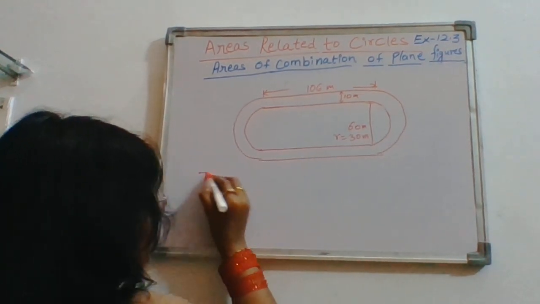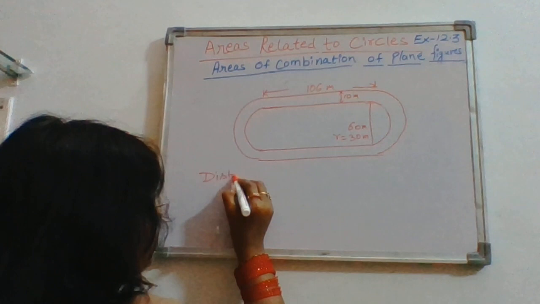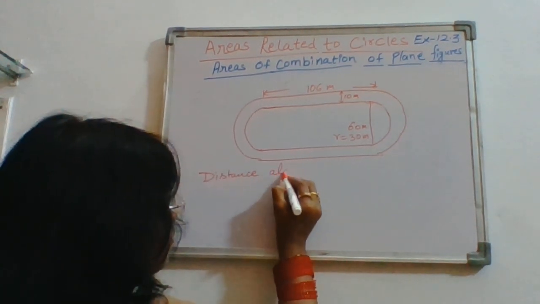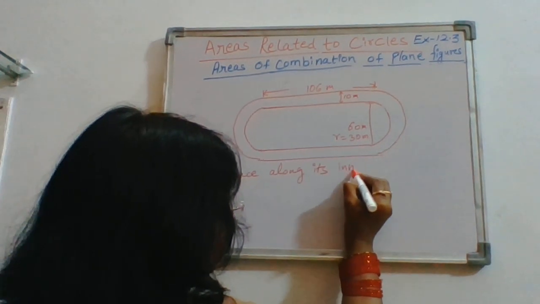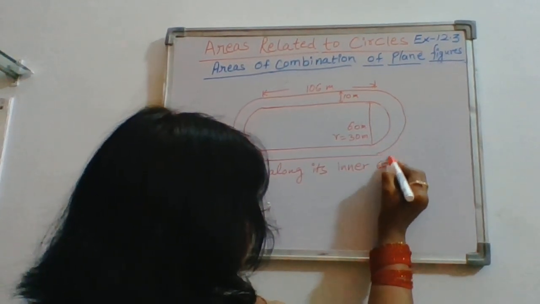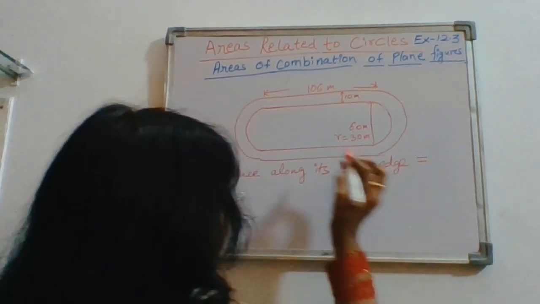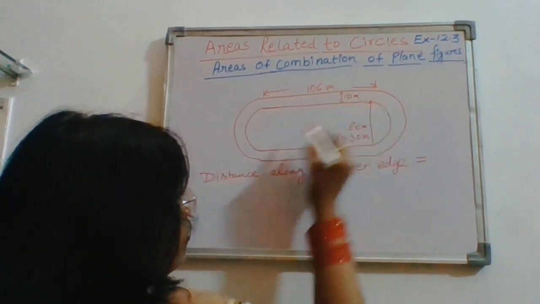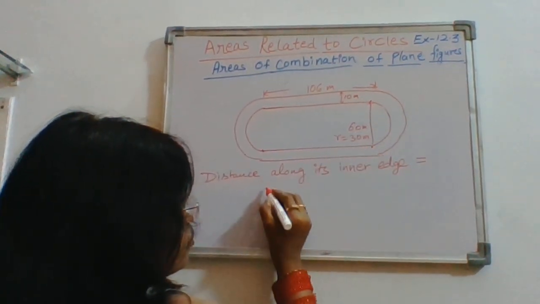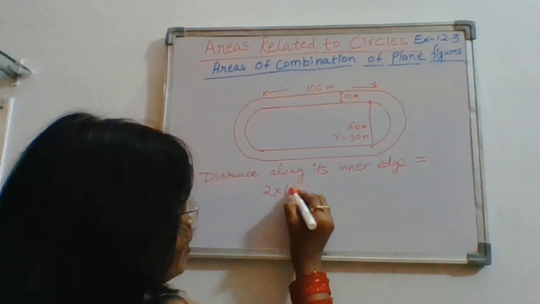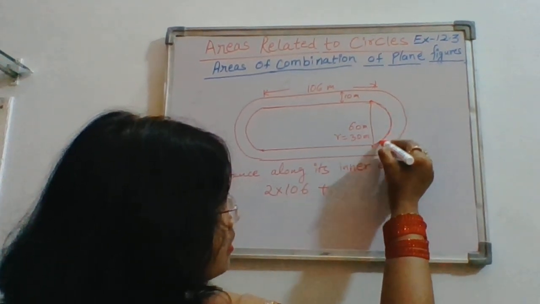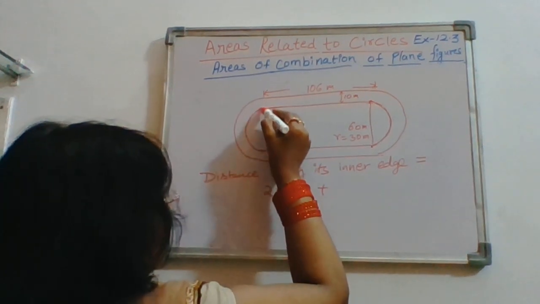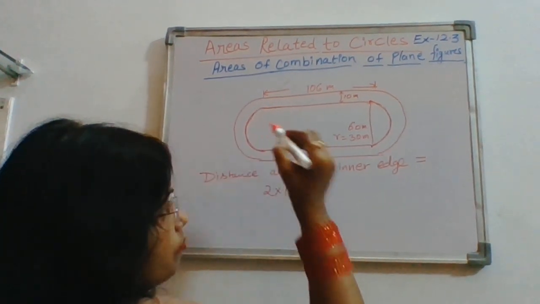Distance along its inner edge will be equal to the length of these two inner edges, so 2 into 106, plus this semicircular part and this semicircular part.